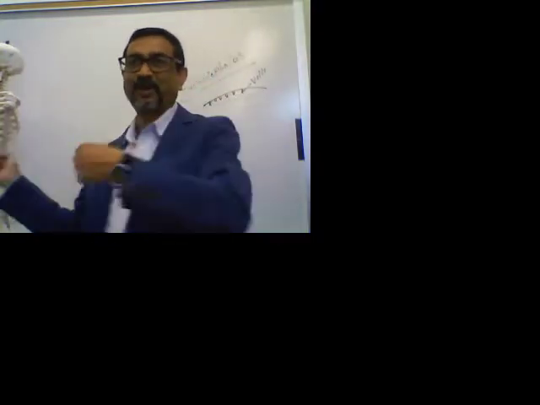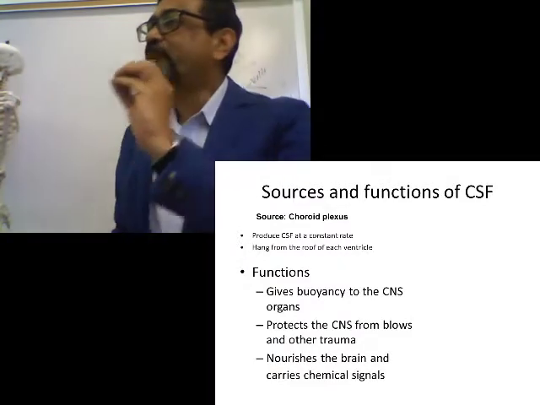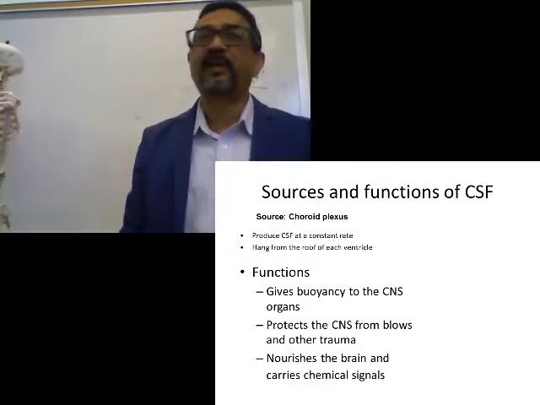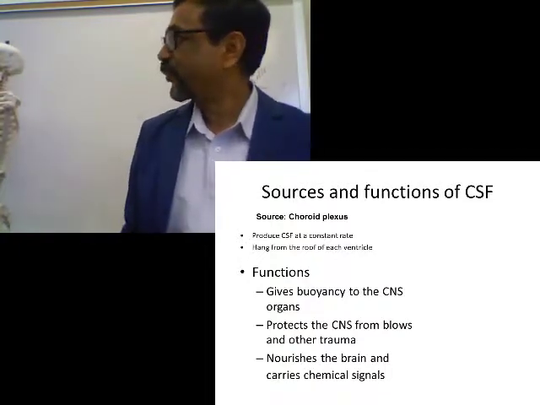You know, sometimes you ride the roller coaster, and it suddenly moves from one direction to another. So that is the protection given by cerebrospinal fluid. Number two, cerebrospinal fluid has nutrition in it. So it keeps the brain and the spinal cord healthy, nourishes the brain and the spinal cord.